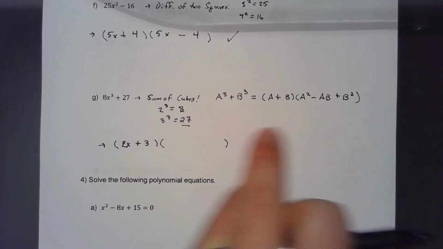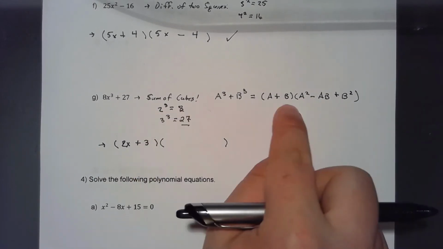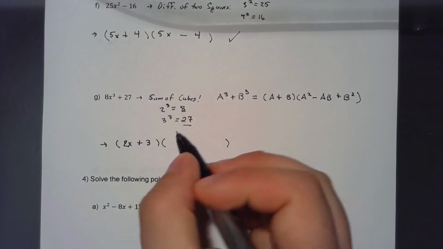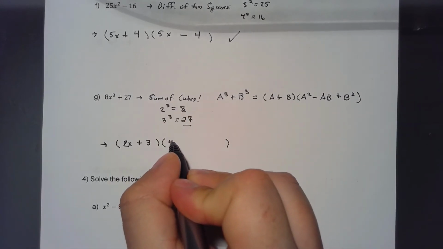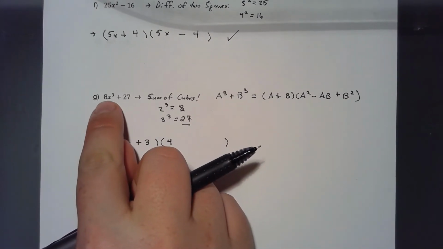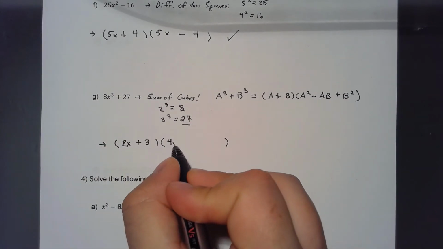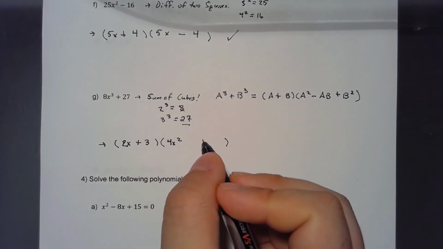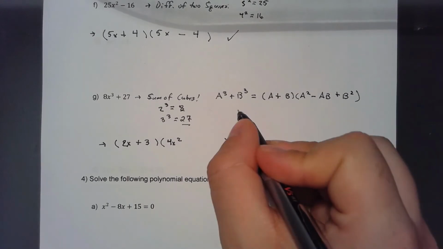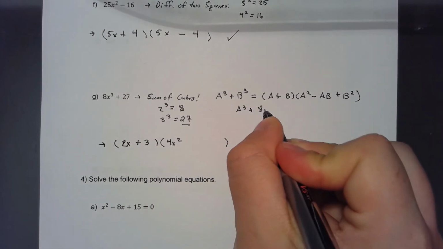A squared is going to be, so the a value here would be 2, right? So a squared is going to be 4. A was 2x, right? So it's going to be 4x squared. All right, just think of it this way if you're not certain. A cubed here was 8x cubed.